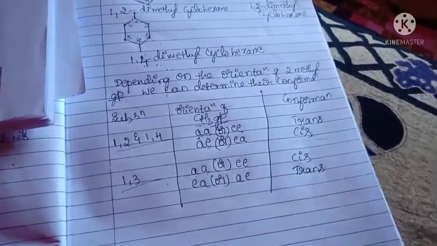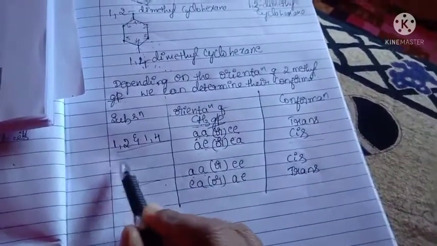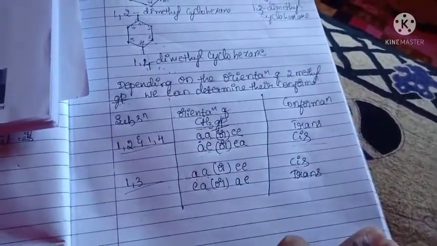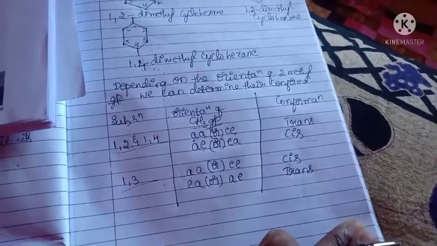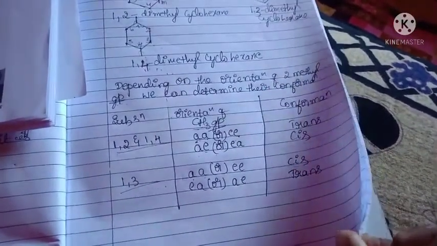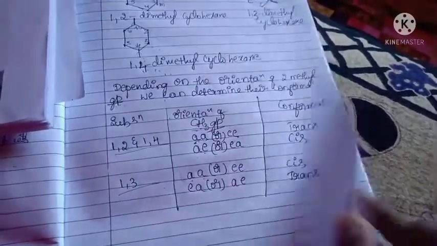Okay, next we will learn about the conformations one by one: trans 1,2, cis 1,2, trans 1,4 and cis 1,4, and 1,3 also.